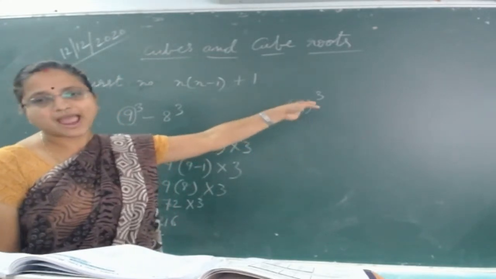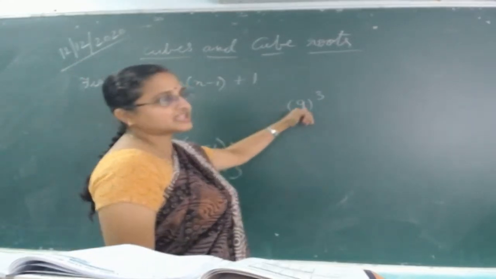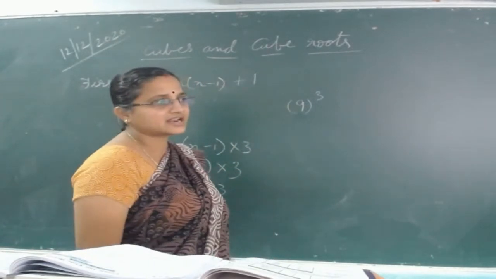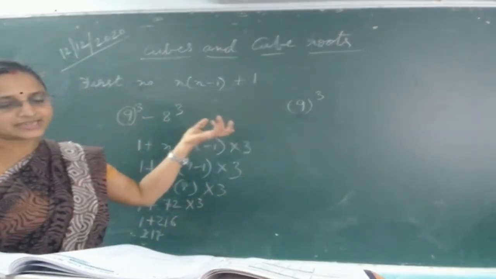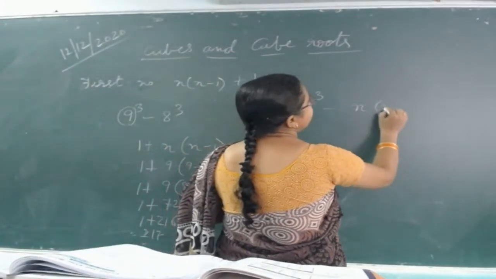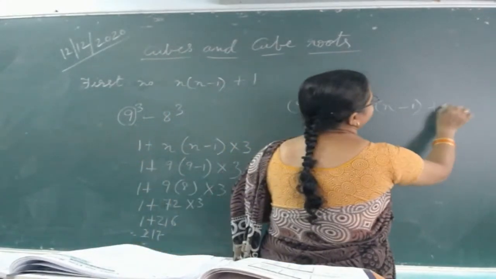If you want to express the given number as the sum of odd numbers, understand or not? Whether it is 9 cube or 10 cube, for finding it we have the formula: n into n minus 1 plus 1. Understand?